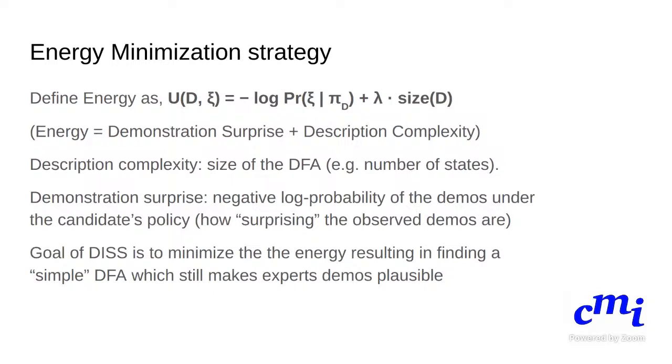We model it as an equivalence oracle, an equivalence theory oracle. They define the energy of a given path with respect to the current DFA using the demonstration, this notion of demonstration surprise, how surprising that path is given that policy, and the size.